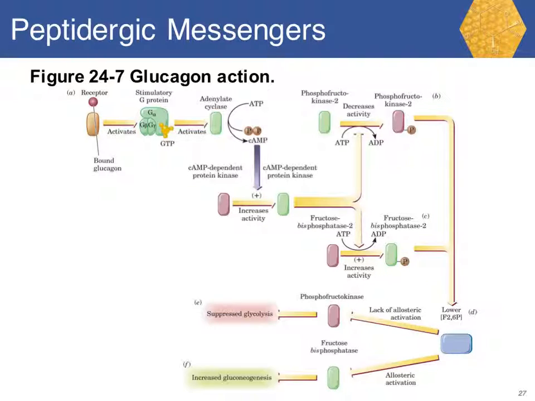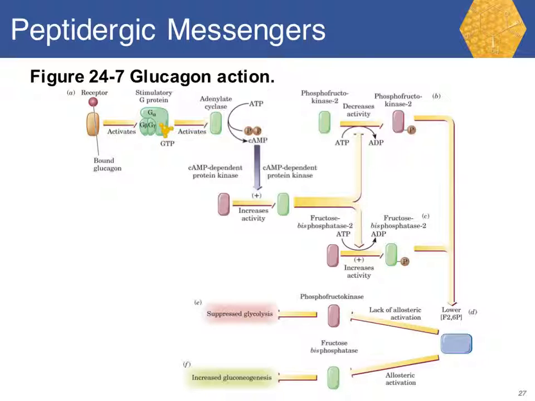So in this case, that something else is many different enzymes. So once the cAMP activates the protein kinase, a couple of things happen. You have the simultaneous phosphorylation of phosphofructokinase 2, which decreases activity, and the phosphorylation of fructose bisphosphatase 2, which increases activity.